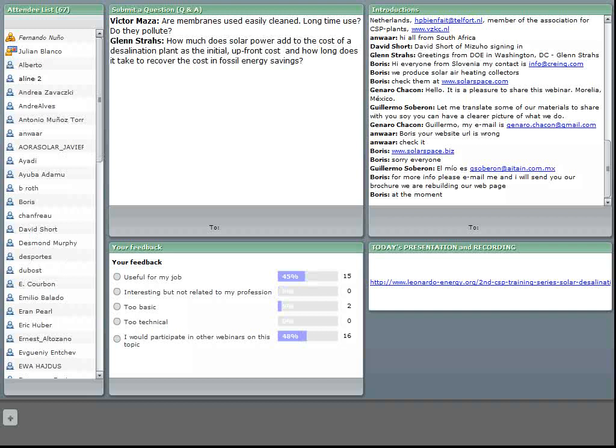Our assessment is that for recovering the investment, you have to go for amortization periods of at least 20 years. Twenty years is typically the way that solar investments are considered, and considering that you have a lifetime of these kinds of devices in solar technologies of 30 to 40 years, that means you could have a payback of about 10 to 20 years.